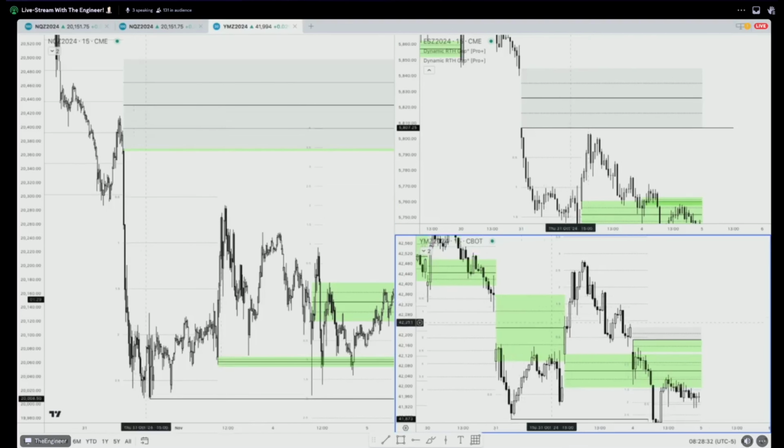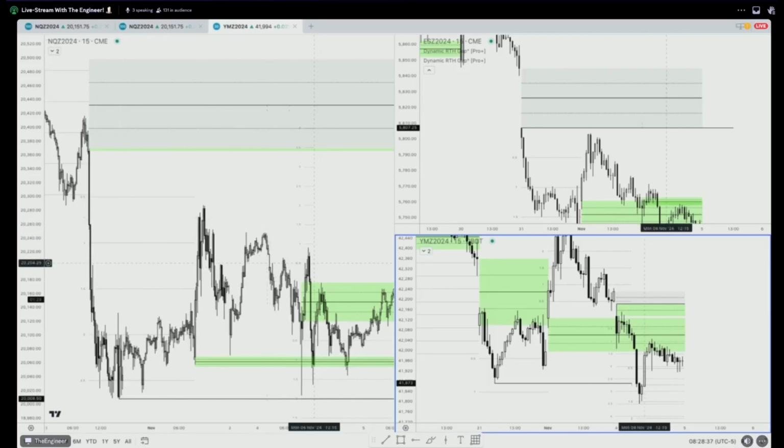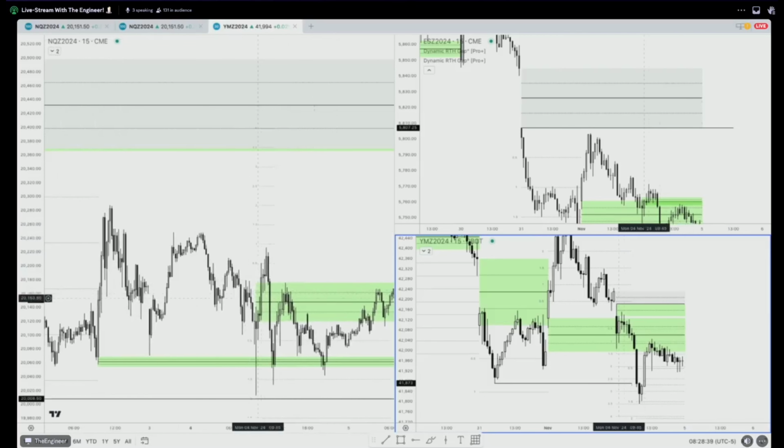Okay, but yes, the standard deviations, how are they? But no, it's basically what you are doing. You are projecting to the buy side and the sell side the sides of the gap.